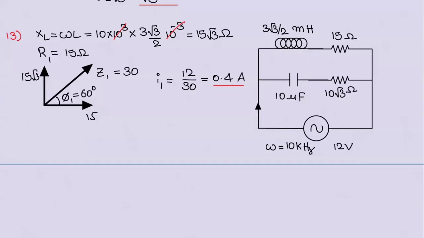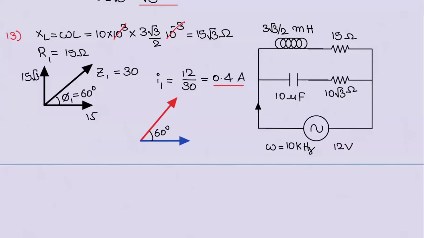Next, once you got this, you know very well, in case of inductive circuits, voltage will lead. This is the voltage V, and current will lag, and that lagging is by 60 degrees, right?